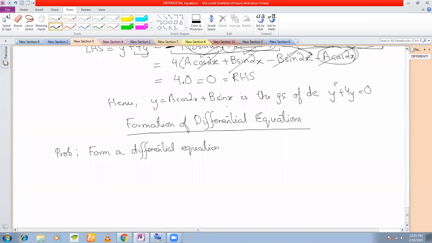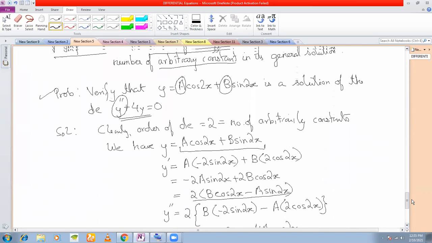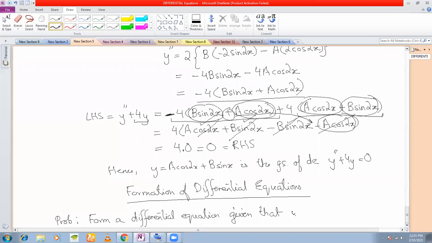Form a differential equation given that y is equal to a cos 2x plus b sin 2x.